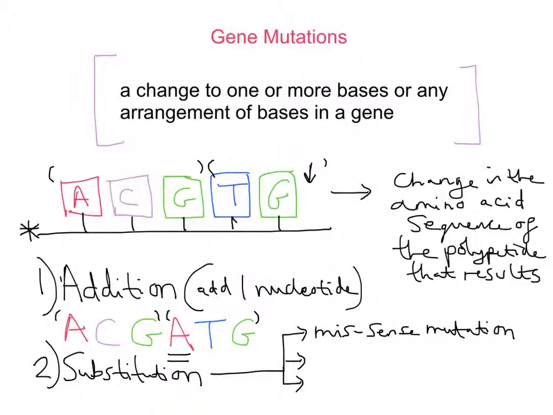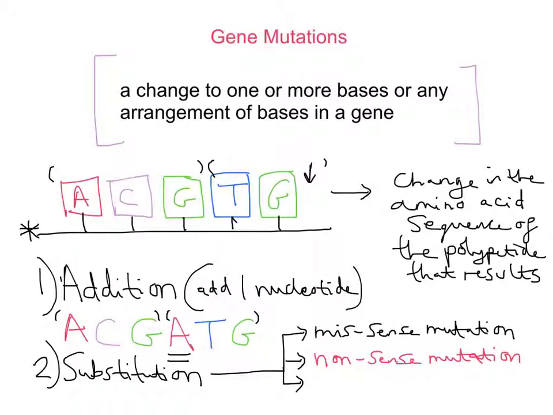We could end up with something called a nonsense mutation. And in a nonsense mutation, that's when the base change results in the formation of one of the 3 stop codons. Now in another video I talked about a stop codon as being a sequence that stops or terminates translation.